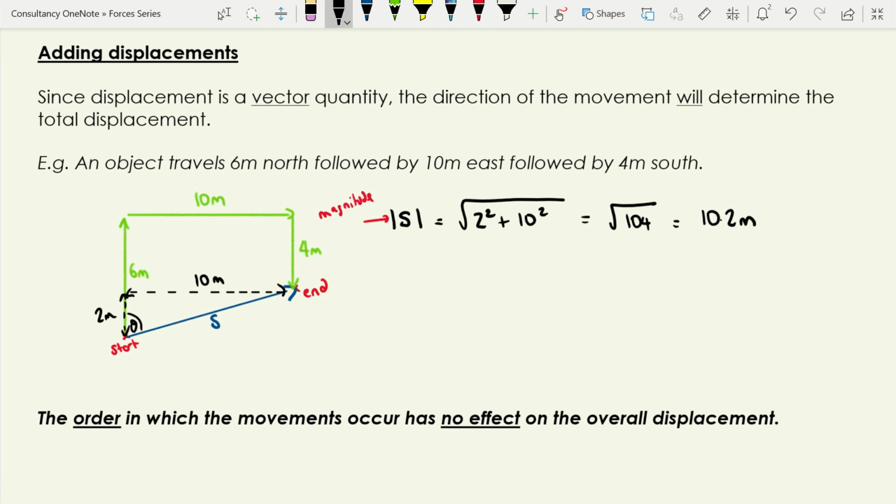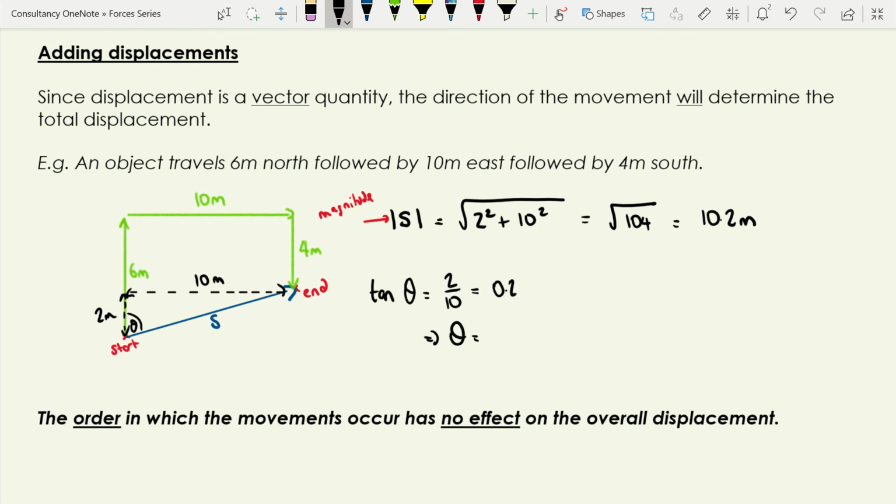Let's say we want to find the direction. This is where we're going to need to use some trigonometry, and if you want some more details on that, I have made a video on how we do trigonometry in physics, which is in the same playlist. So we know that tan theta, and the reason I've picked tan is because we know the adjacent side and the opposite side, is equal to 2 over 10, which is equal to 0.2.